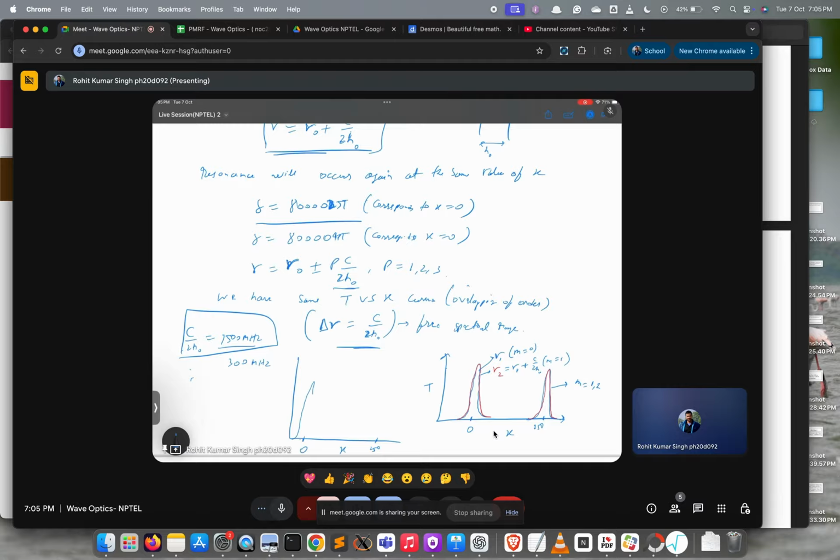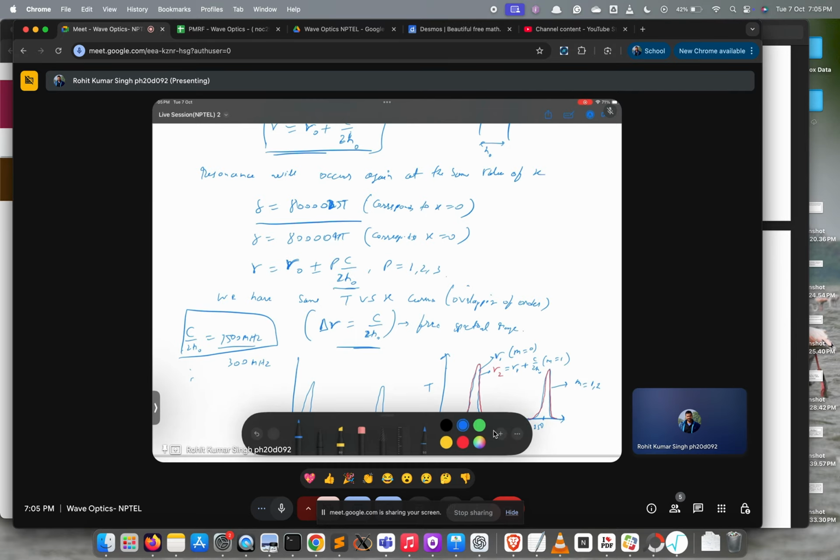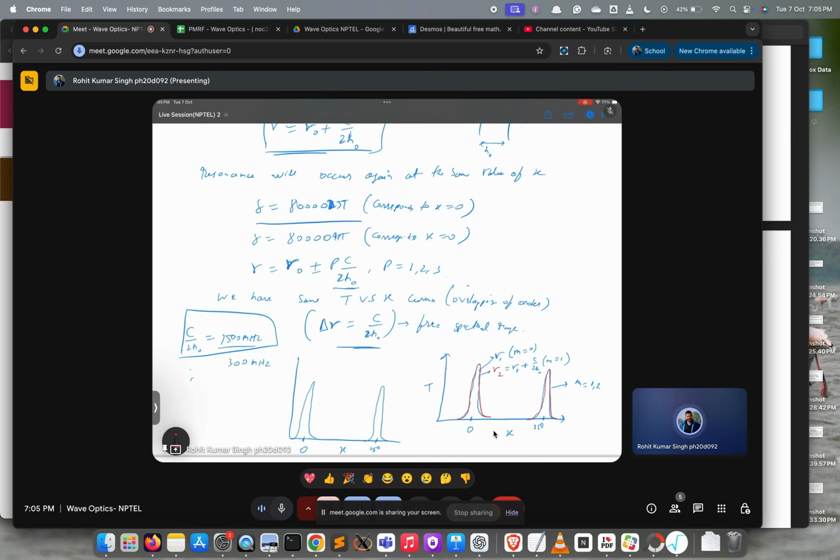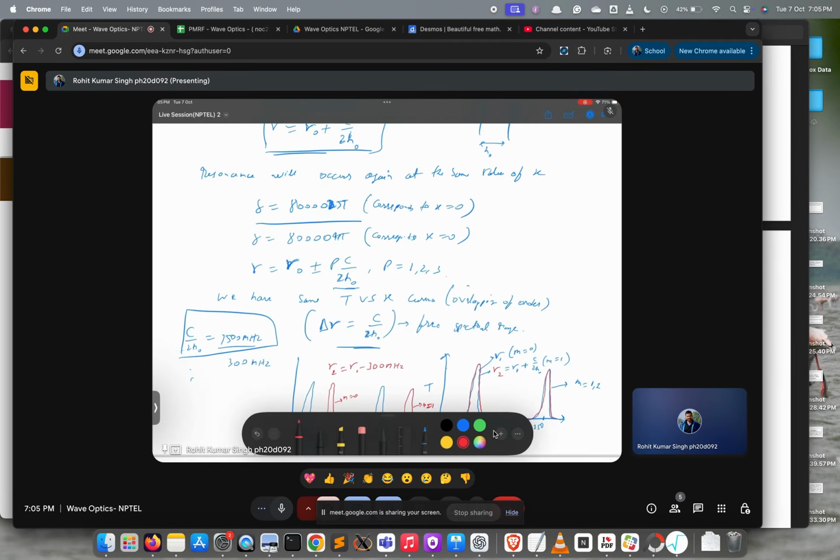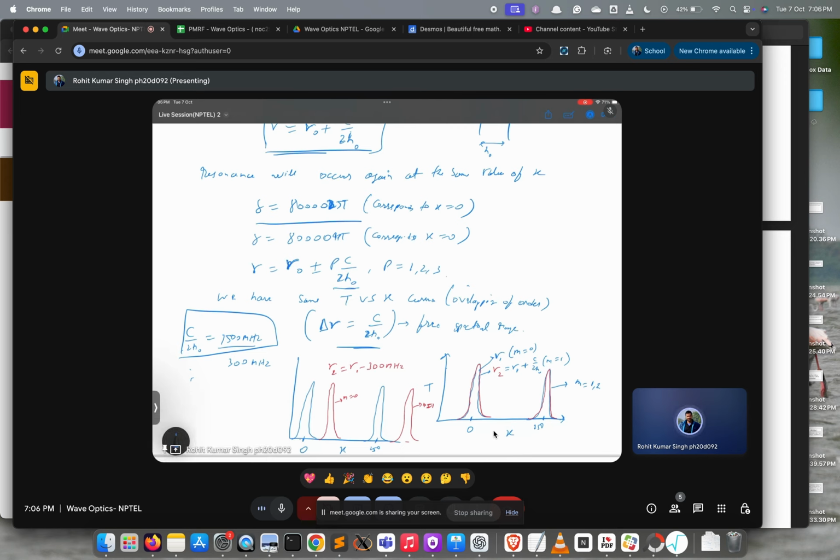Okay, so at 0 you have this peak and this. So where will the peak lie for mu1, let's say minus 300 megahertz? It will lie somewhere here. So this will be m equal to 0, this will be m equal to 1. Okay, you get the point.